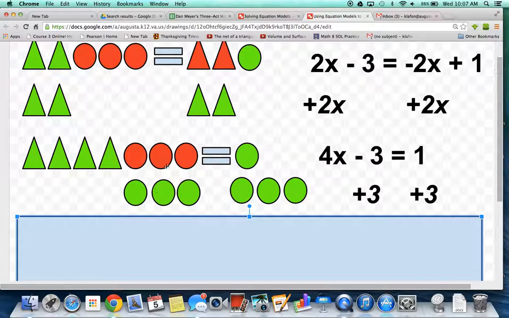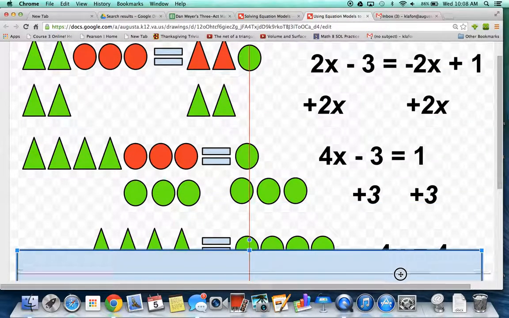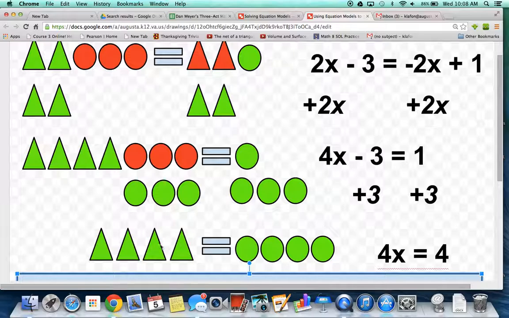Remember, reds and greens are positives and negatives, so they cancel out. So now my model has in it 4 green triangles, or 4 x's, equaling 4 green circles, or a 4, because 1 plus 3 is 4.